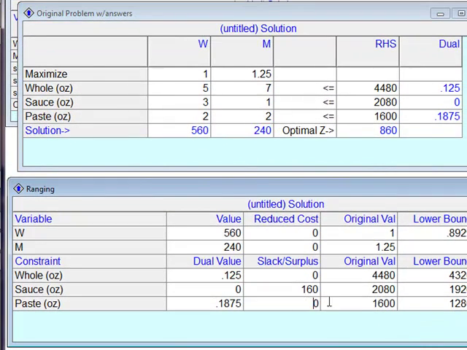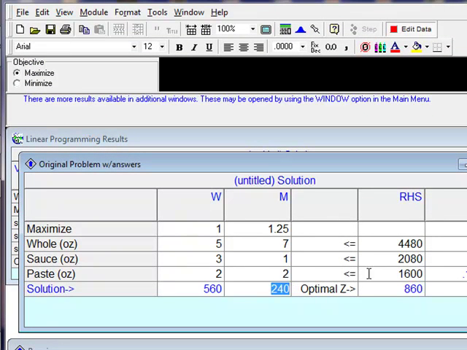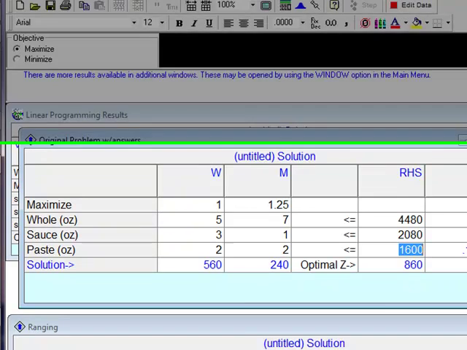The same interpretation can be done for paste. The zero slack means that for the paste constraint, 2 times 560 plus 2 times 240 is exactly equal to 1600. You can check this out on your calculator.